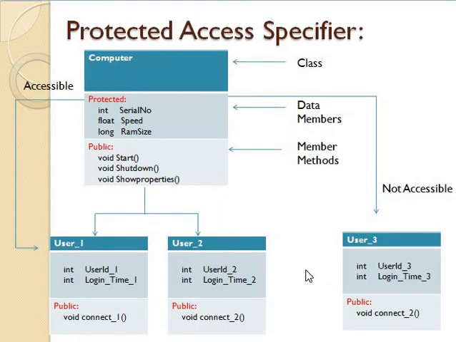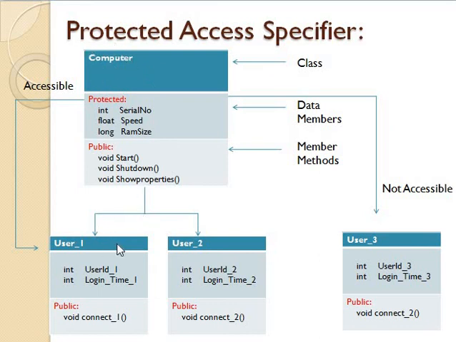Now consider the figure in this slide. In this figure, there is a class called computer, which is the base class, and there are two different classes, user1 and user2, which are the derived classes, as they acquire the properties or inherit the properties from the base class called computer.